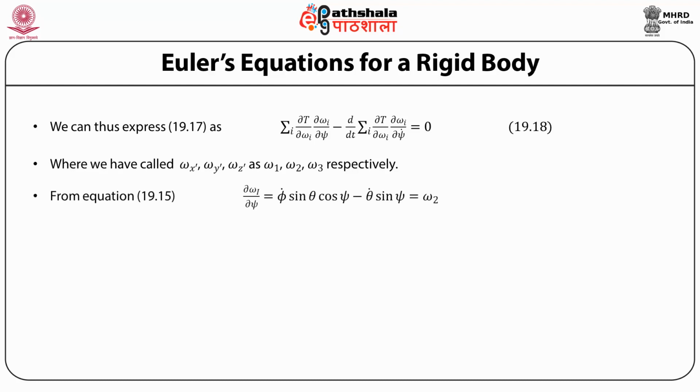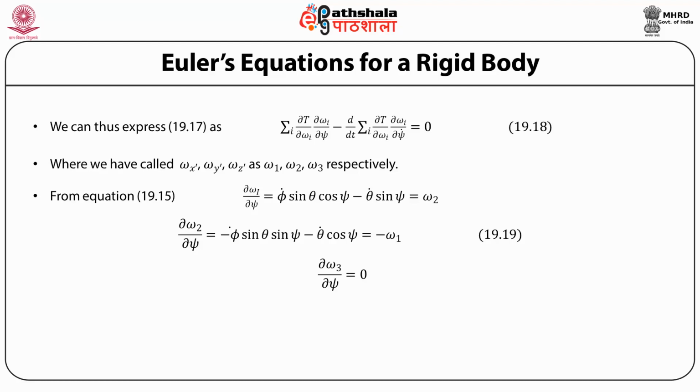We get the equation by finding the partial derivatives of the omegas with respect to psi and psi dot. So we find from our earlier result, from the expression for omega in terms of the Eulerian angles and velocities, the partial derivative of omega 1 with respect to psi is phi dot sine theta cosine psi minus theta dot sine psi, which is nothing but equal to omega 2.